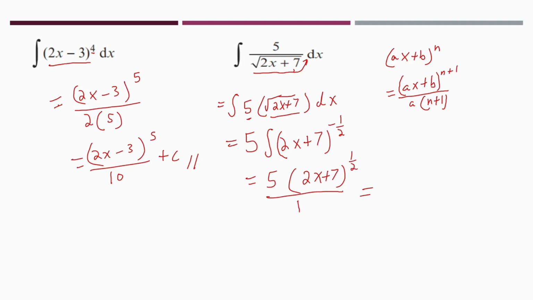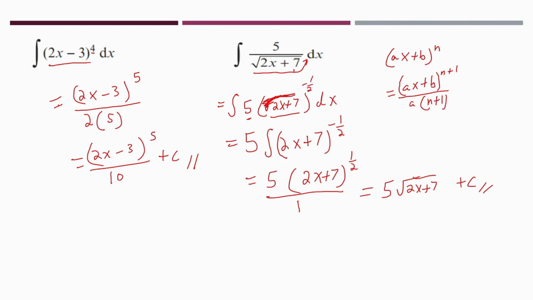And now this is going to become 5 square root 2x plus 7 plus c. Yes, this is going to be your answer to this question, and please ignore this part. This is supposed to be minus 1 over 2.